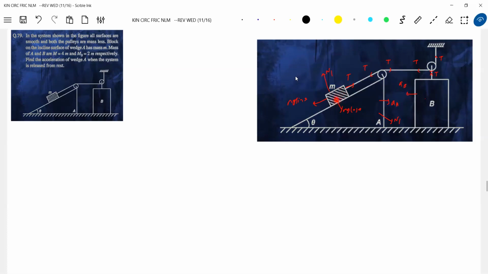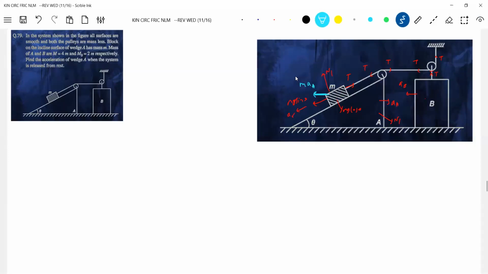In the ground frame it is very difficult to solve, better go for the wedge frame. So it should slide down. So the acceleration, let it be a_R. Then, as we are describing motion with respect to a different frame, pseudo force will also come. m a_E.